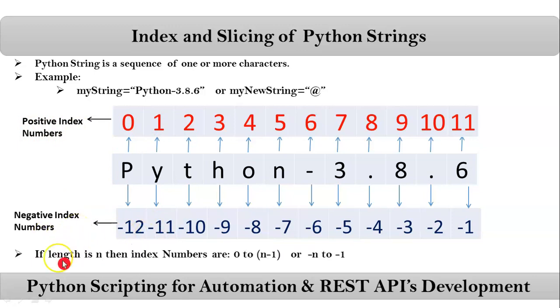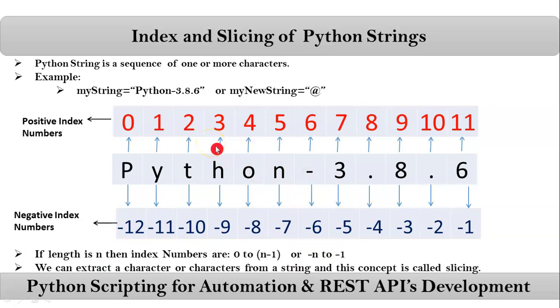Now be clear, if the length of your string is n, then index numbers are from 0 to n minus 1. They are called positive index numbers, and minus n to minus 1 are negative index numbers. Using these index numbers, you can get a particular character of a string or some part of your string.